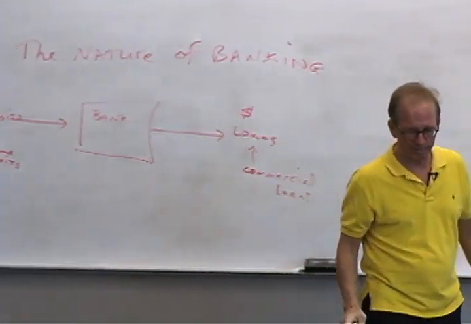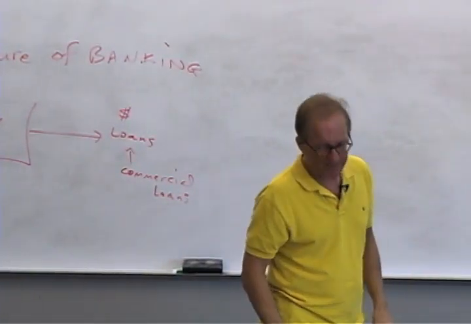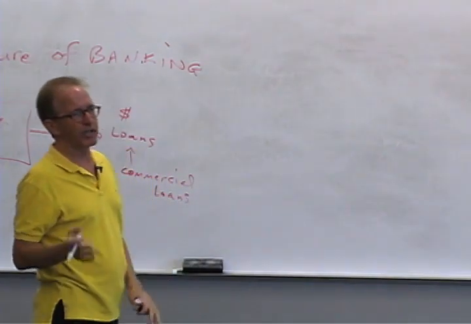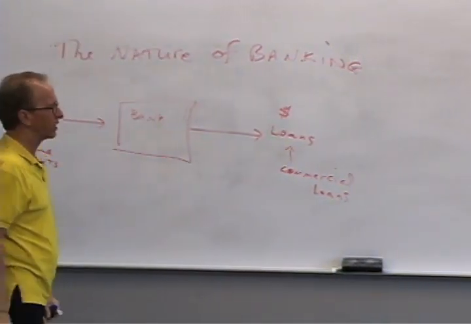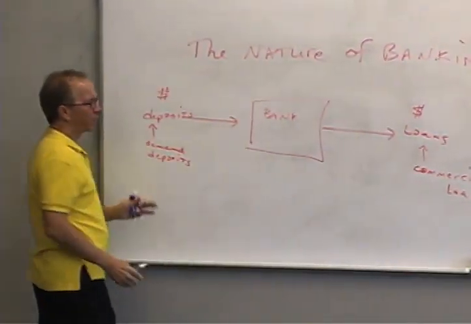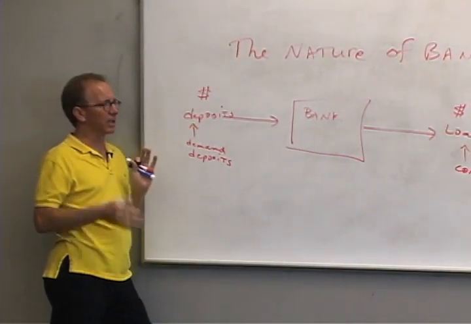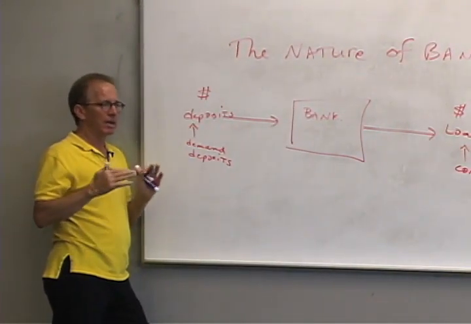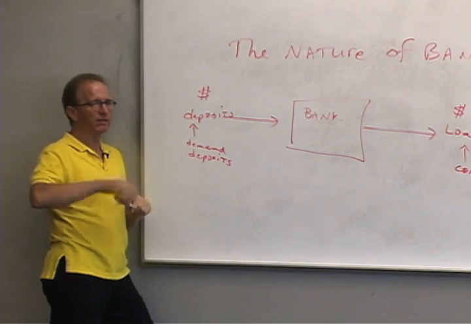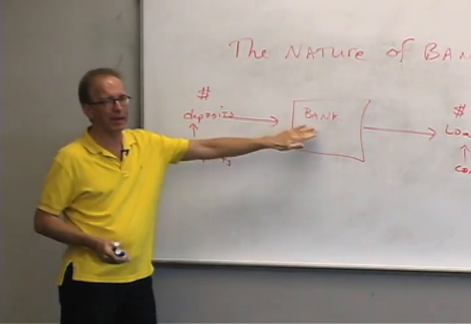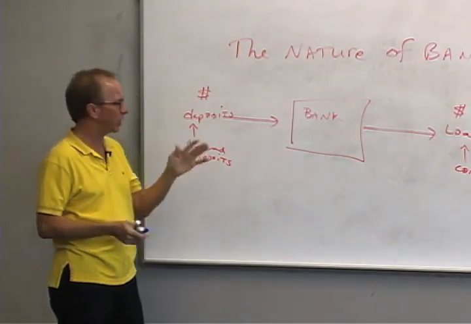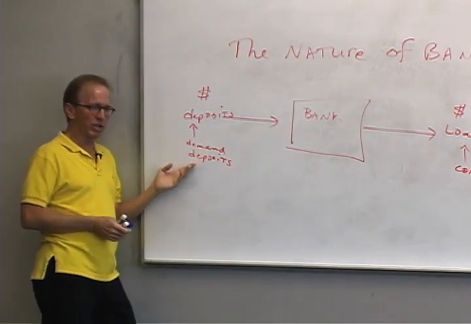Let's go on. I don't want to belabor that too much. If we go back to the history of banking in the United States, and we're going to talk a little bit more later about that history, you go back to the period from 1776 going forward, and the very first banks in the United States were basically specializing in, we didn't have demand deposits at that point.